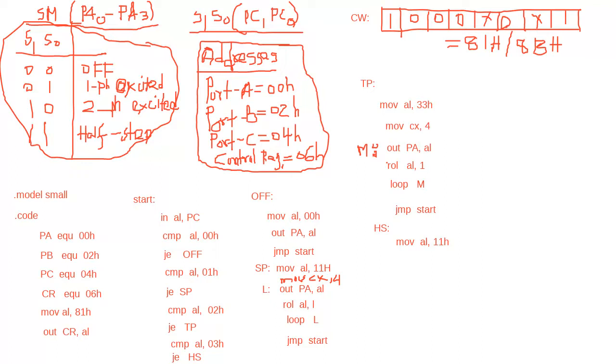We do not use 33 directly. We use BL comma 22H. Look here, 11H plus 22H. If you add them together, it will be 33H. So what will we do? And then out.